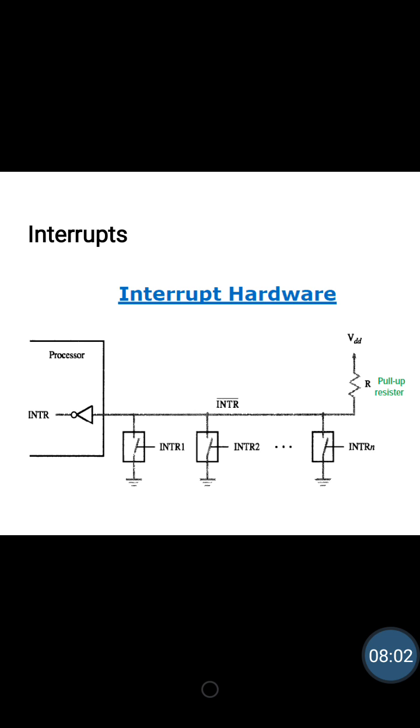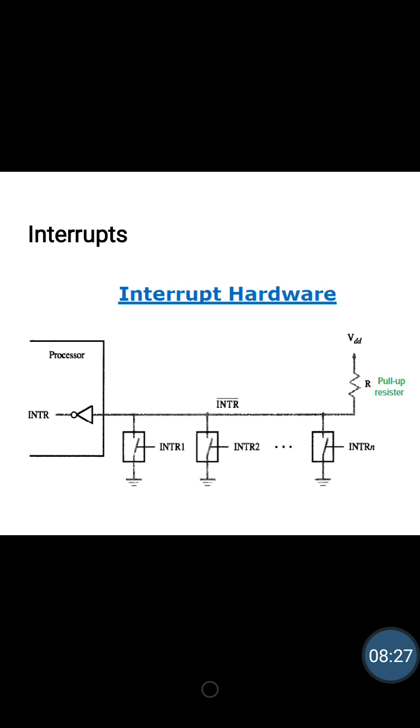The voltage at INTR bar becomes 0 instead of high. Now this 0 is inverted and we get INTR, which is 1. Now an interrupt request has been sent to the processor. Why has it been sent? Because device 2 has requested by closing its switch. This is how any device can carry out an interrupt request towards the processor.